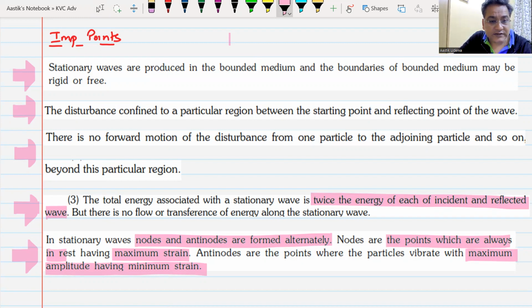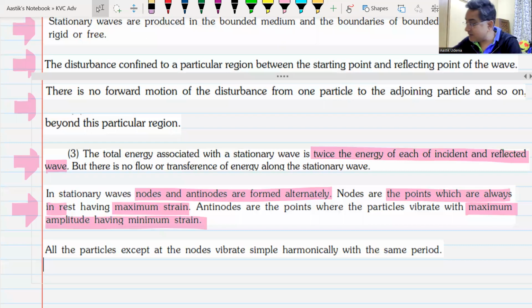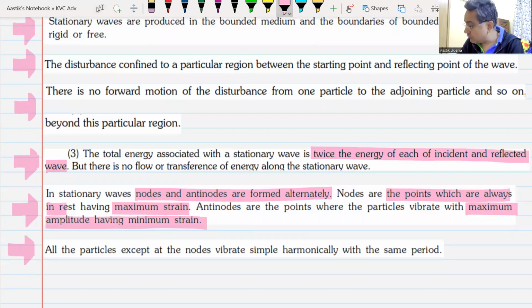All particles are in simple harmonic motion. Remember that all the particles are oscillating, vibrating simple harmonically with the same time period. You can also add same time period T, omega and frequency.